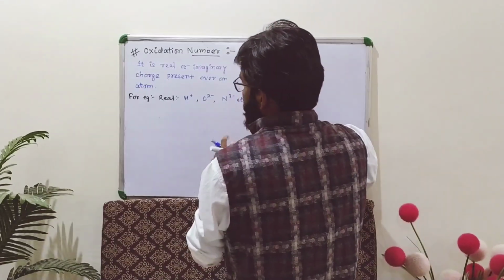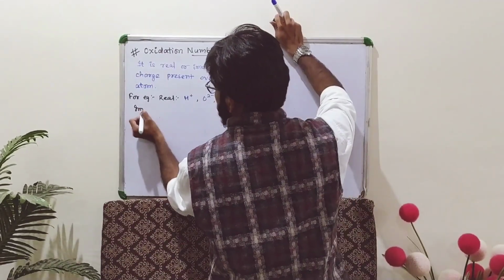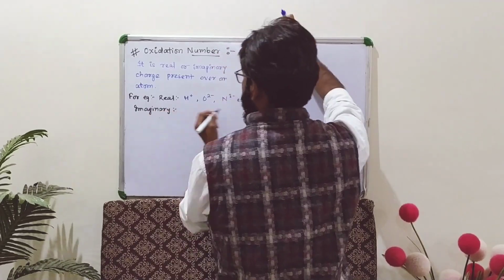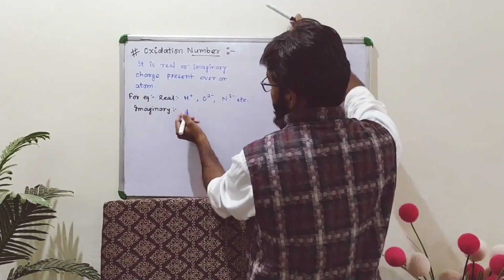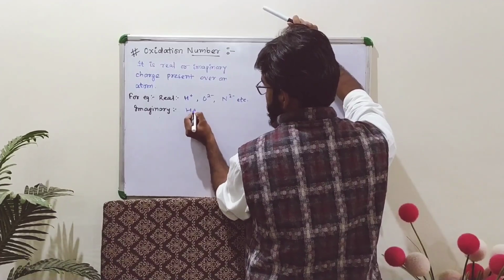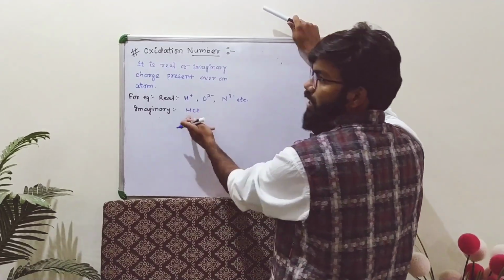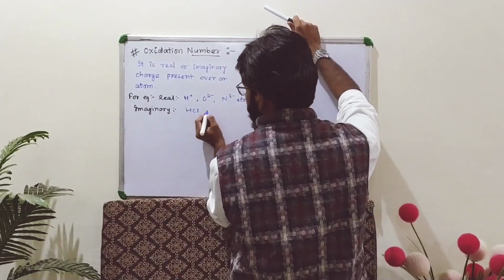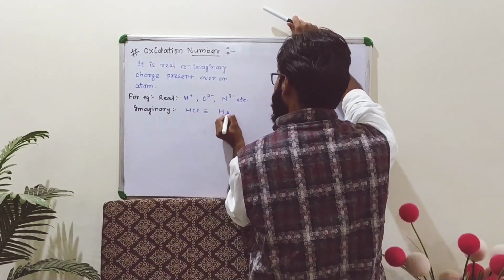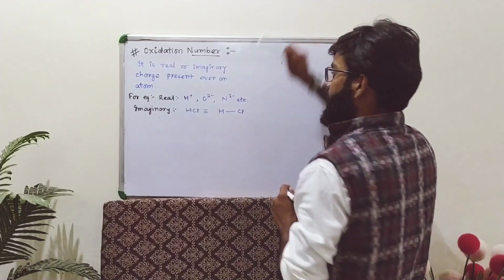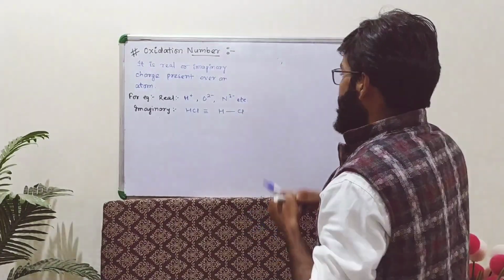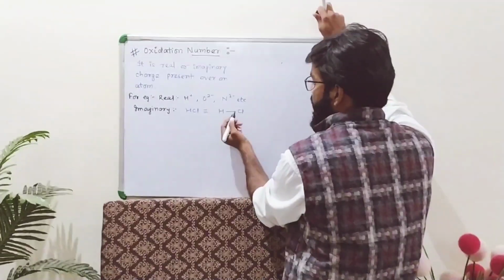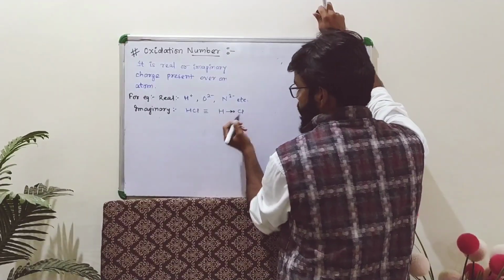For imaginary charge, suppose it is written like this, HCl. Here no charge is shown, but we can conclude it is equivalent to H and Cl. Chlorine is much more electronegative than hydrogen, so it pulls the electron toward itself.